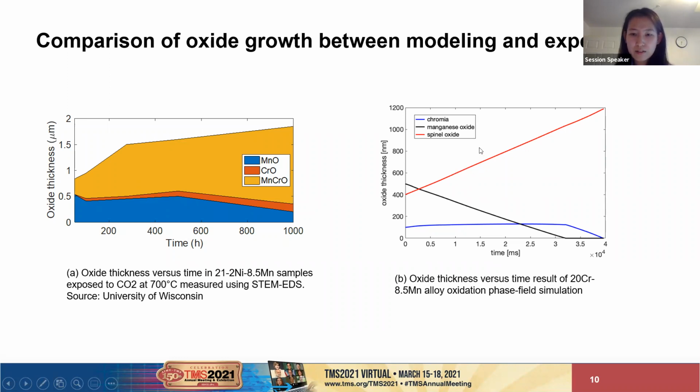So the red plot is the spinel oxide growing with time, and the black plot is the manganese oxide shrinking with time. So the conclusion of this slide is that the oxide growth trend predicted by the simulation matches the oxide growth trend observed from the experiments.